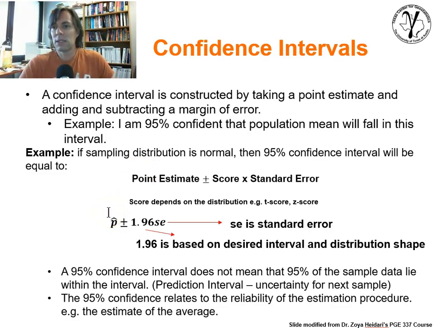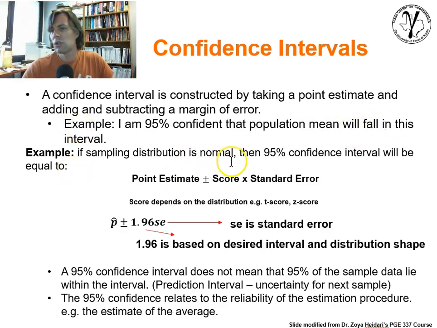Confidence intervals. Let's talk further about confidence intervals. We've already defined this. We talked about the idea of a confidence interval as being stated such as a 95% confidence that the population mean will fall in this interval.